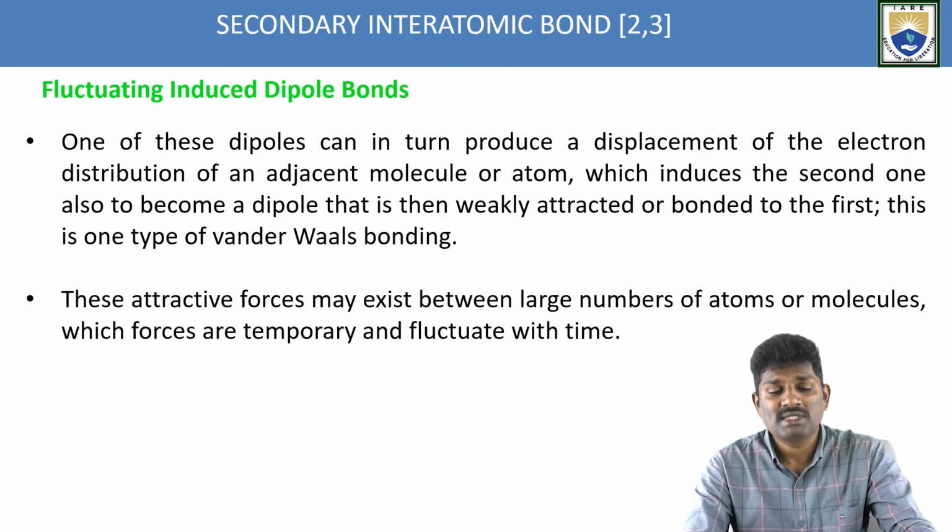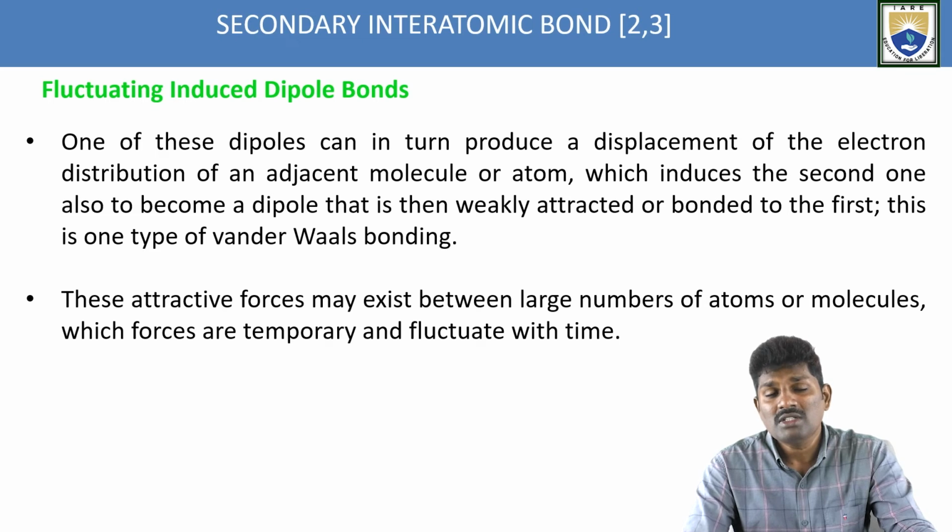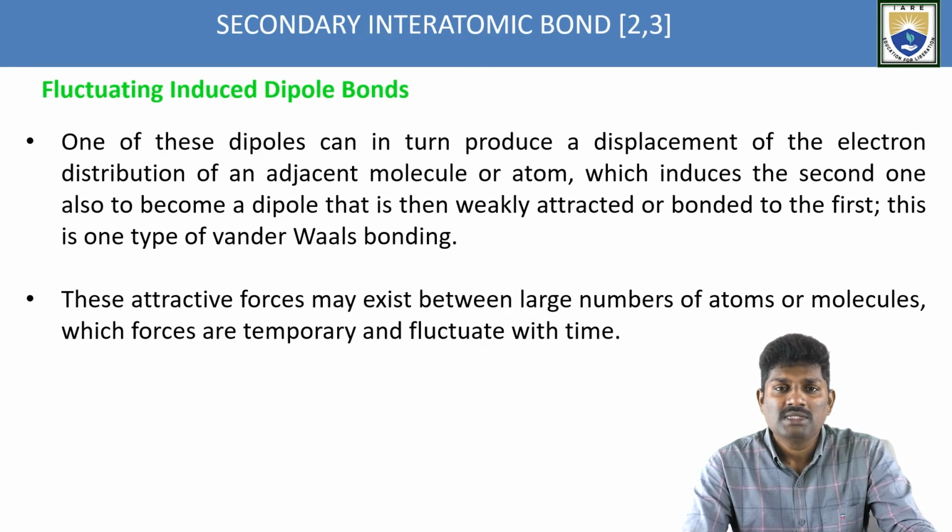One of these dipoles can in turn produce displacement of the electron distribution of the adjacent molecules or atoms. Because of this asymmetry, there is a distortion or disturbance of the electrons. Because of this disturbance of the electrons, there is again a change in the positions of the atoms relative to the nucleus, so you can identify the weaker bonding between the atoms.